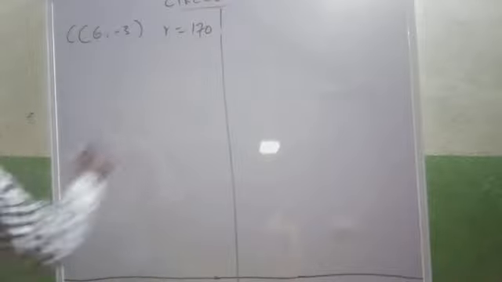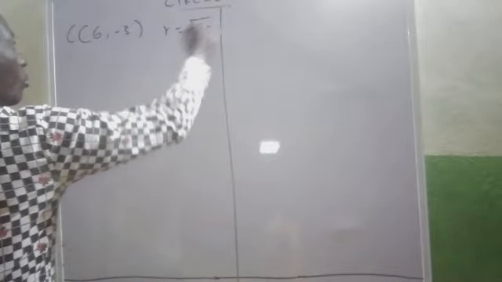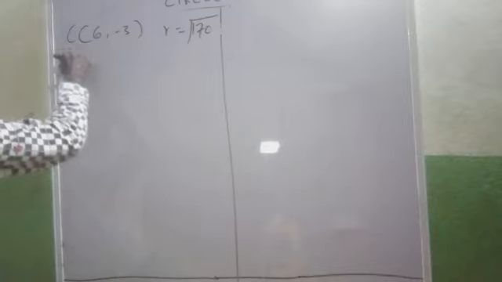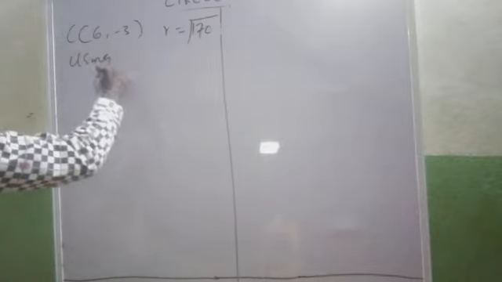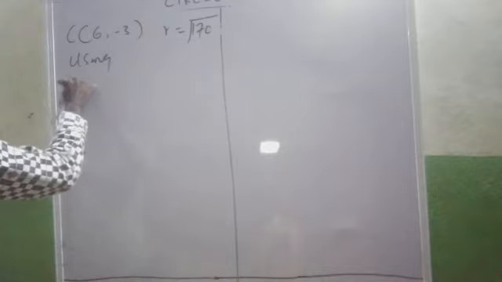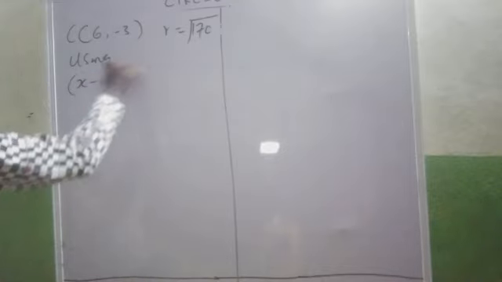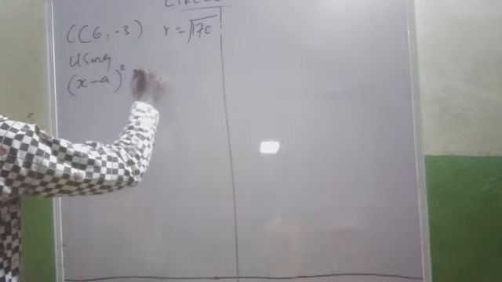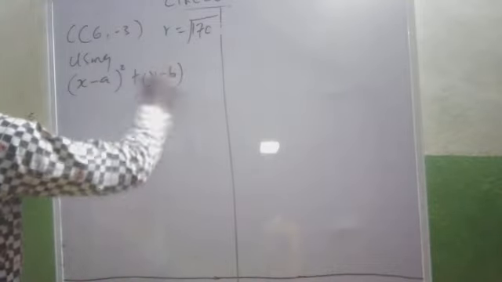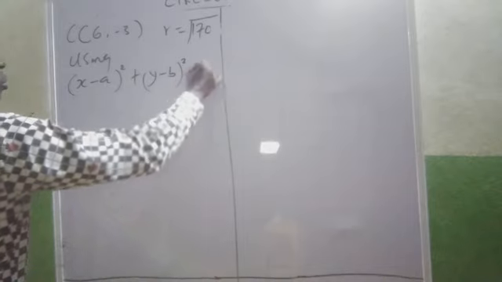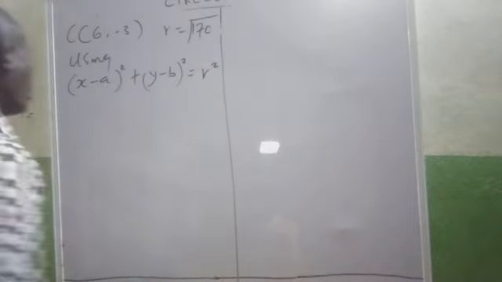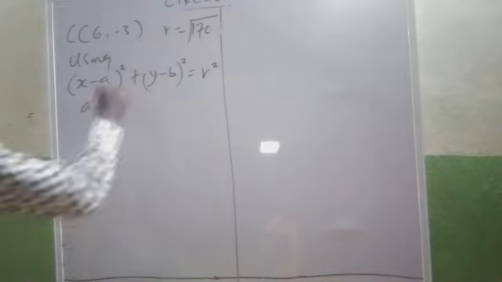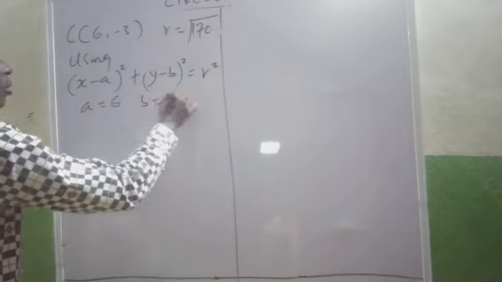If we use (s minus a) squared plus (y minus b) squared is equal to r squared, our a is equal to 6 and b is equal to -3.